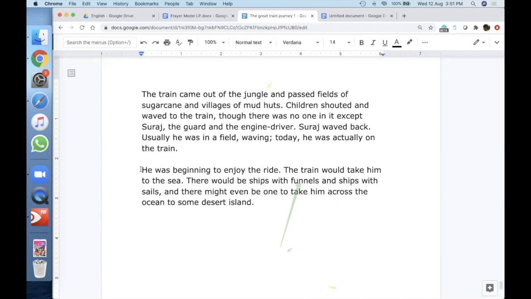Yes. Srinivas, please raise your hand from next time. So the bearded man said you are going to the sea and then there will be ships. In that ship, you can go to China. That is what the bearded man said to Suraj. So Suraj is thinking that the train will go to the sea. Okay, third sentence.